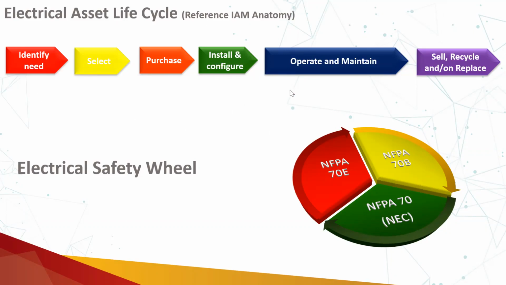It talks about the initial phase, so that you have the right standardized equipment, selected and installed correctly. 70E talks about how you will operate it, or rather how you will perform your task safely on that particular equipment. 70B is related to the maintenance requirement, how you will maintain your electrical equipment correctly.